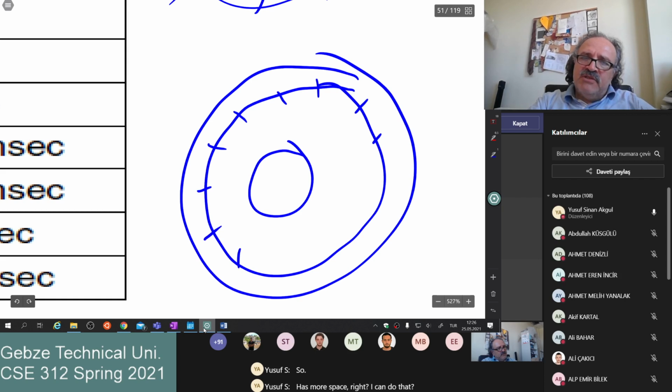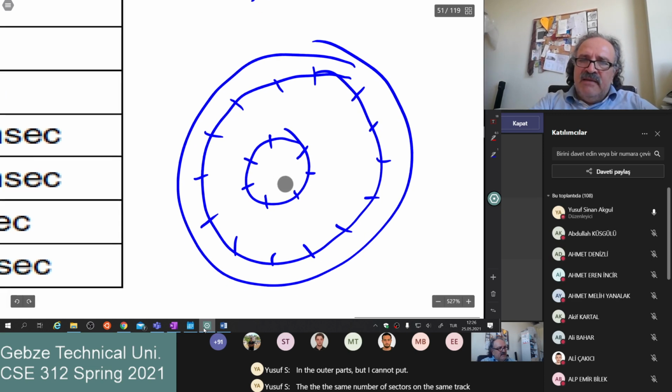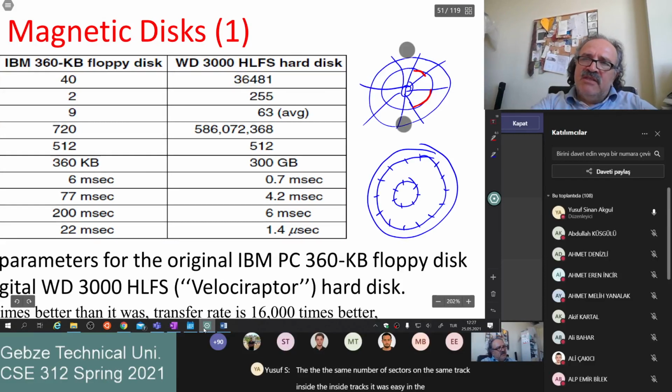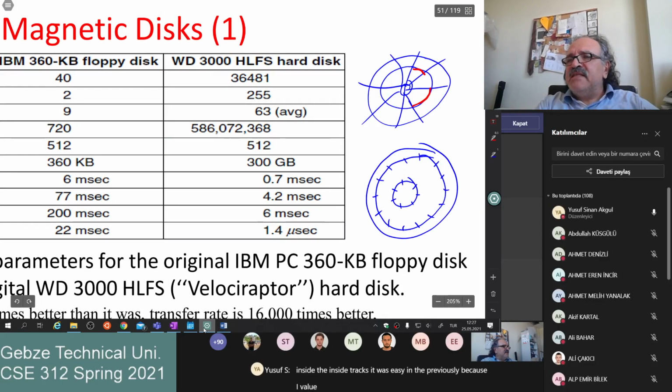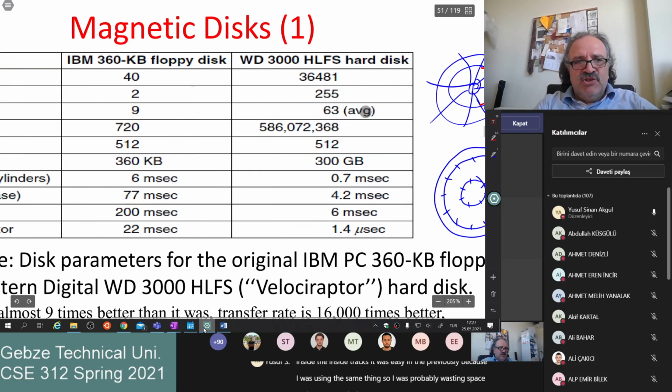So I can put more sectors in the outer parts, but I cannot put the same number of sectors on the inner tracks. It was easy previously because I was using the same number, so I was probably wasting space at the outer tracks, but I don't want to do that. That's why they said it's an average.